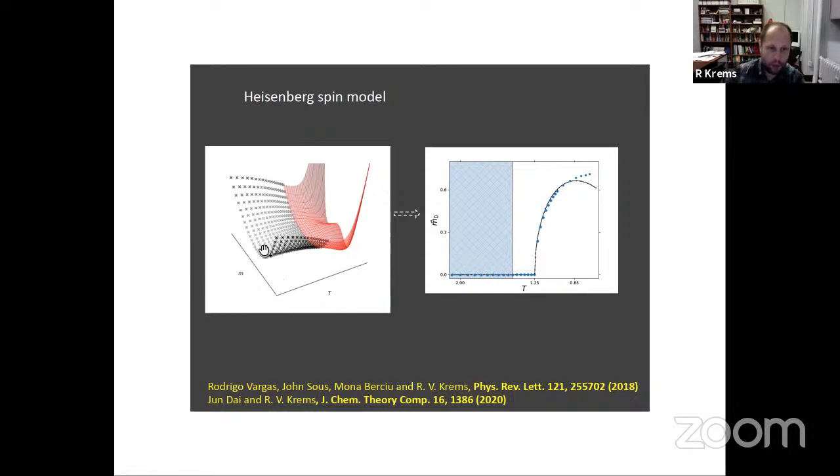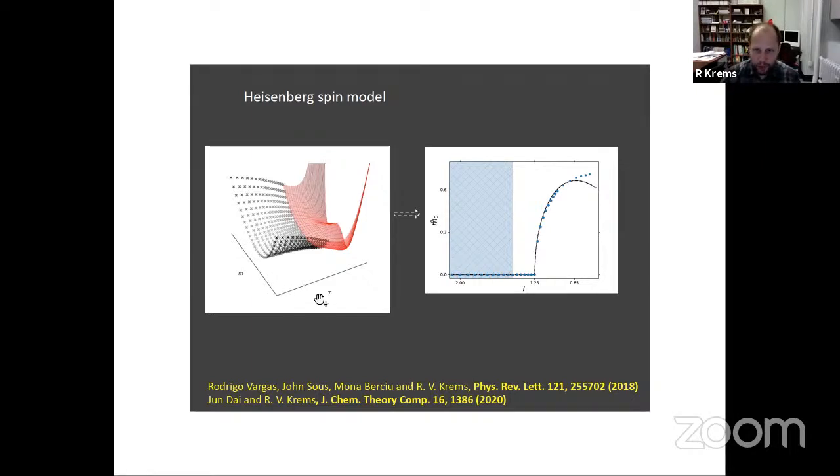If you follow the minimum of this function, that's going to be the magnetization of your system. And it's plotted here as a function of temperature by the dashed curve. So the dashed curve is the mean field result.